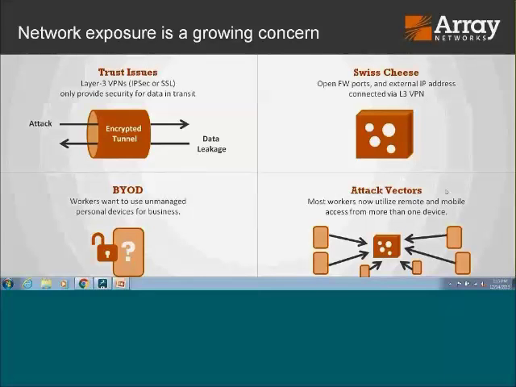The other thing to look at is attack vectors. Maybe to some degree it was okay to use network level connectivity in the early days of VPN. Perhaps you had a few users coming in, and it was something you could keep an eye on, or the risk was acceptable.